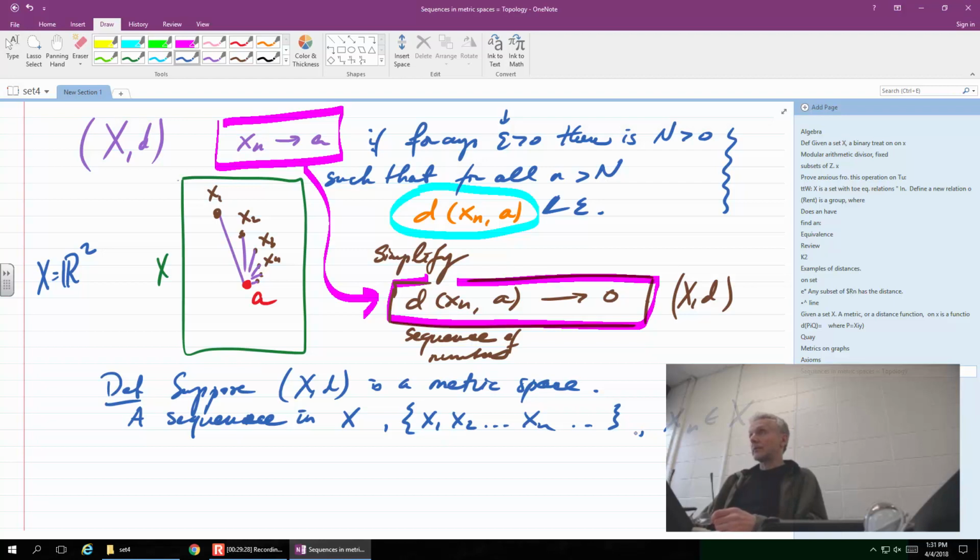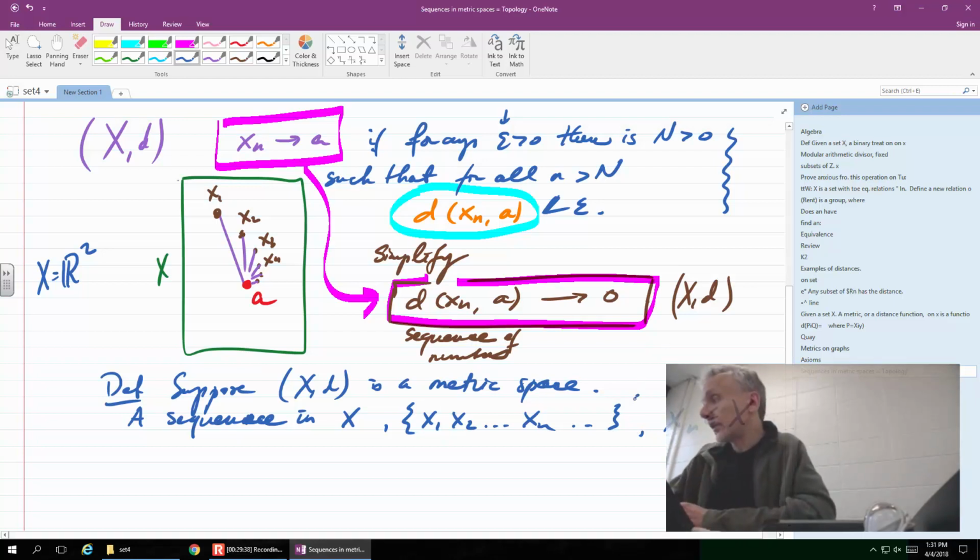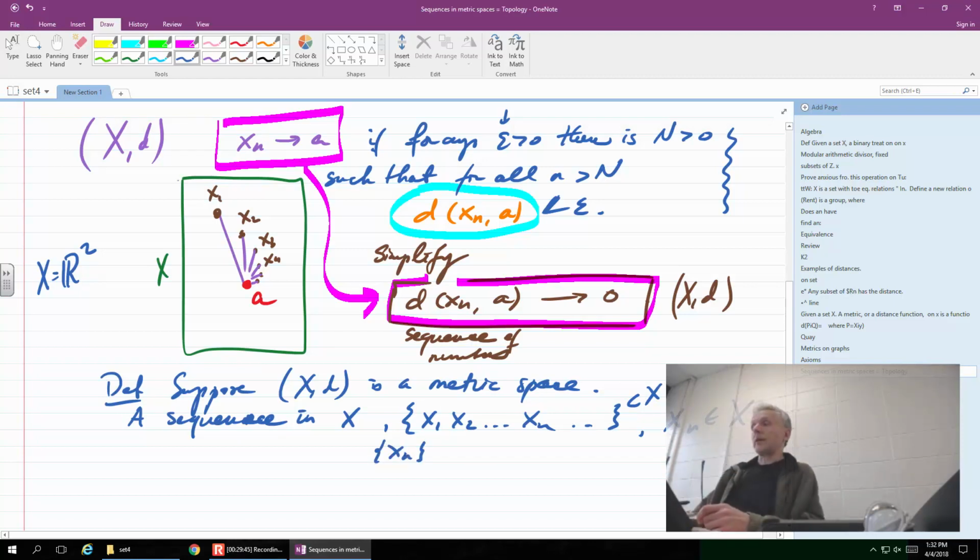But is that it? So this certainly looks like a subset, yes. The notation we use for it is x sub n in braces, okay?